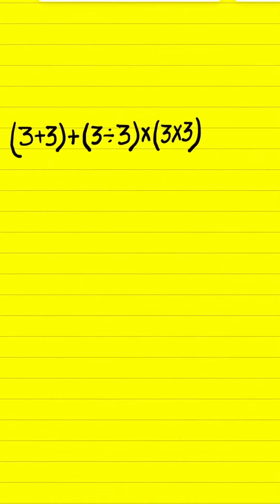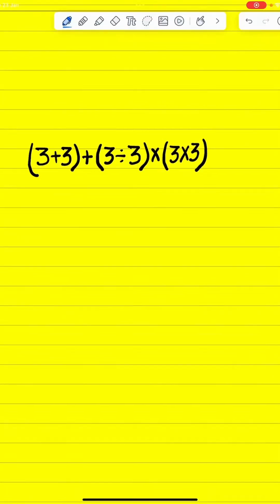Always follow the rule of PEMDAS and the rule of left to right. Now here is a different kind of example where you might get confused. So there are three brackets, and within the three brackets we have three different operations. 3 plus 3 in the bracket, then plus, then 3 divided by 3, then times, then 3 times 3.